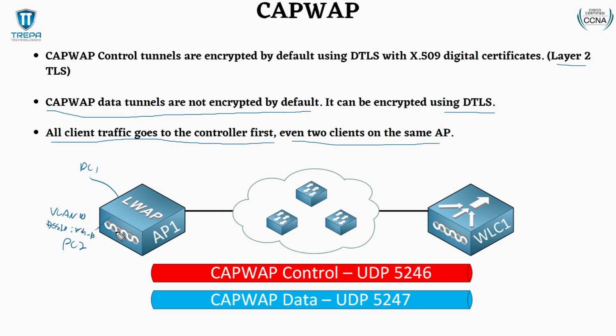Even if they need to talk to each other, they're going to go over this CAPWAP data tunnel. It's not going to do local switching of those frames. Now, there is a possibility in your lightweight architectures to enable something like this, but just the default, right, for testing is that all traffic goes to the controller first.